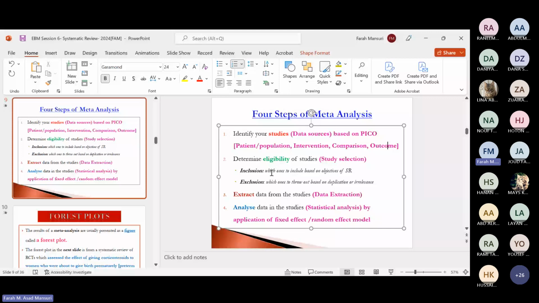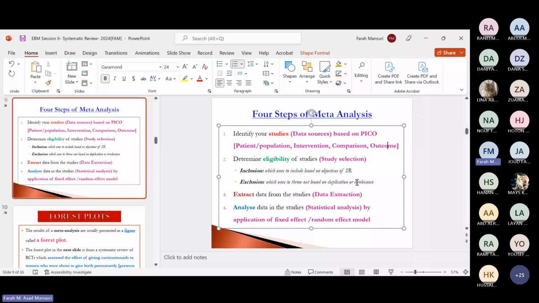Then suppose you find 1,000 articles on this topic of hormone replacement therapy for postmenopausal women. Out of those 1,000 articles, you will exclude those which are duplicated or irrelevant. I mean, they have talked about some other outcome, not the outcome of benefit versus harm, or they have not been comparing with some other therapy or placebo, so they will be excluded.